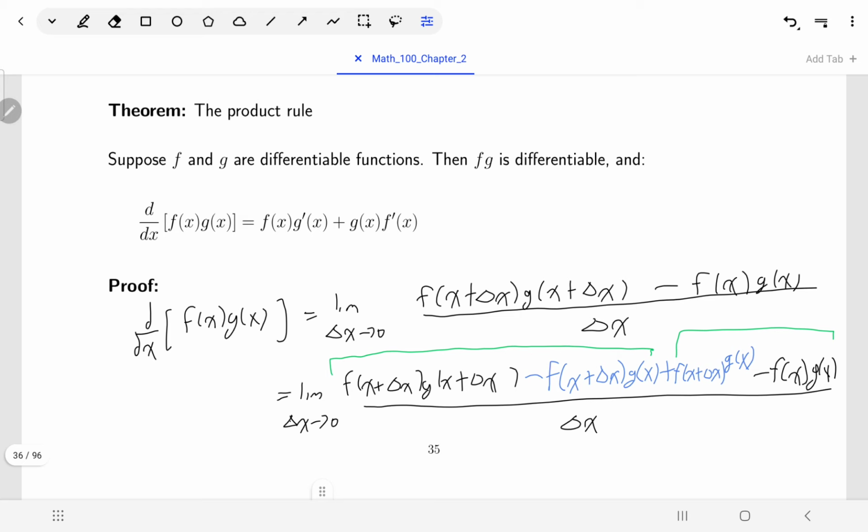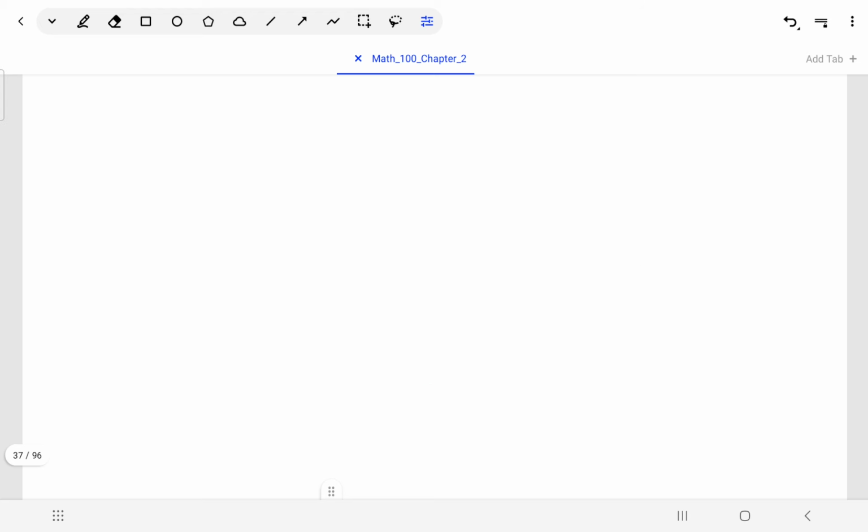Let's do that factoring. From the first two terms, I'm going to factor out the f of x plus delta x. And what was left behind was g of x plus delta x minus g of x.